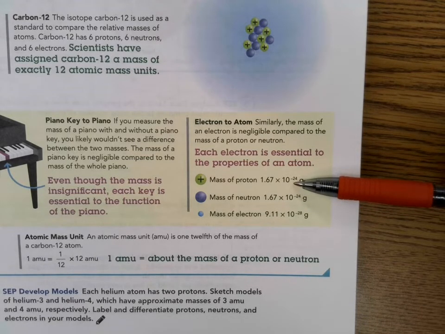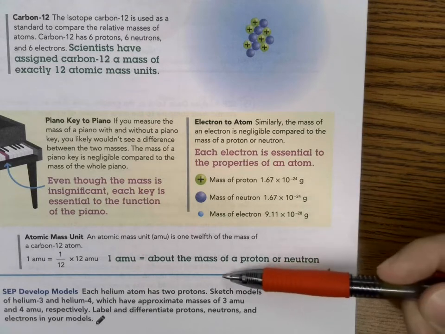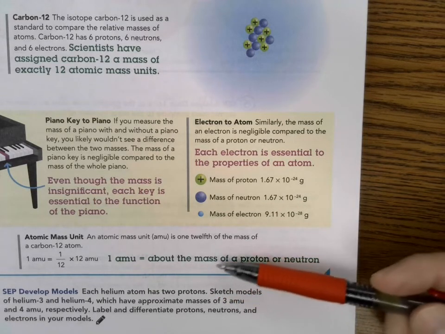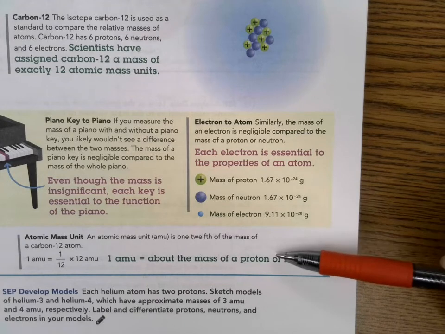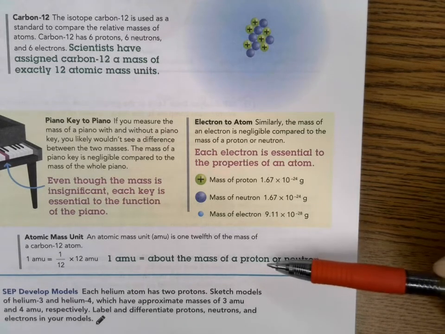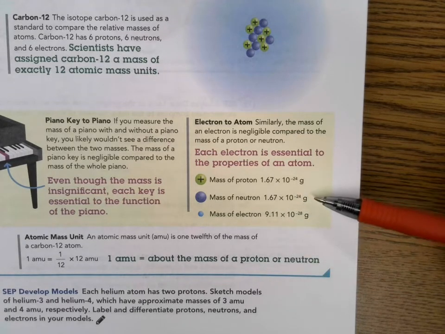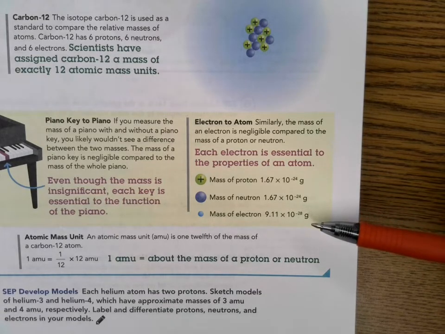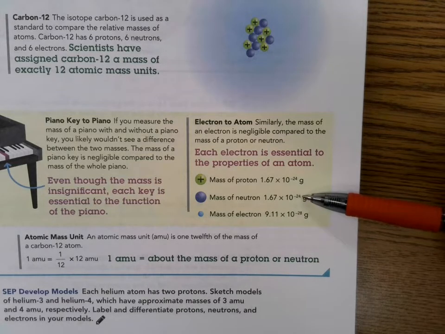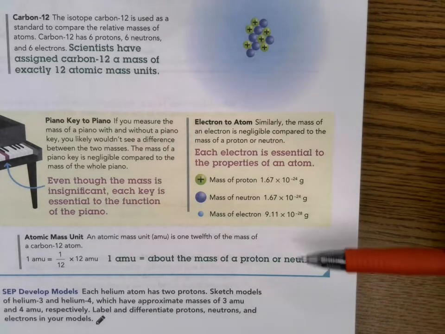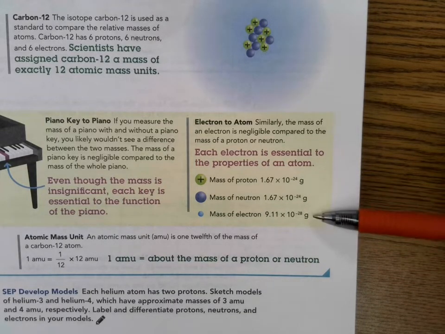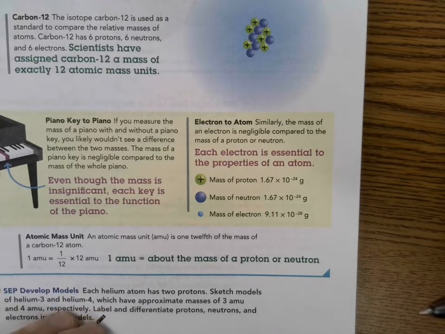That is a hard number to work with when it's in grams. So scientists have come up with the AMU. They created a new mass unit specifically for atoms. Protons and neutrons are both equal to 1, and the mass of an electron is 0.0005, so it's about 2,000 times smaller. So just keep in mind, we don't measure in grams, we measure in atomic mass units.